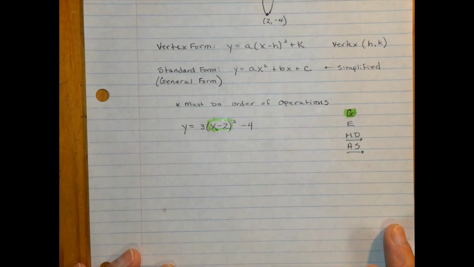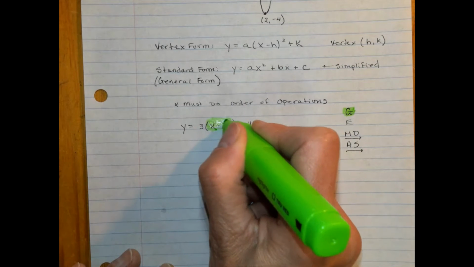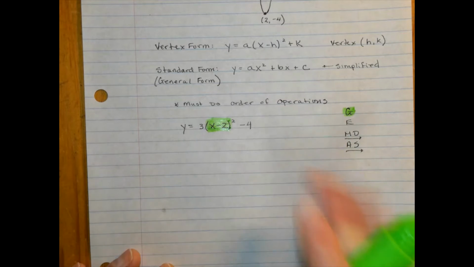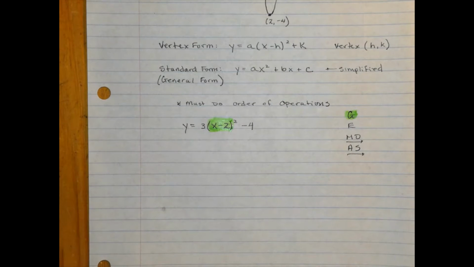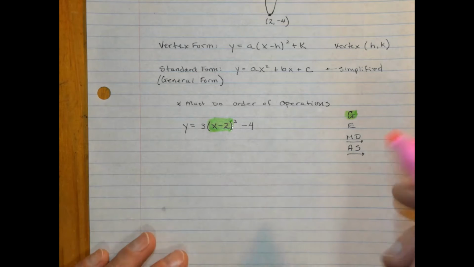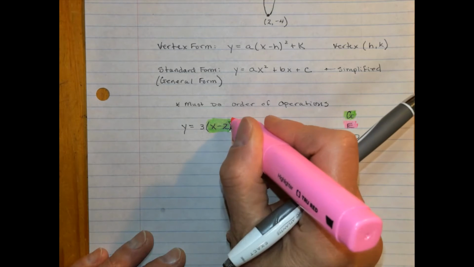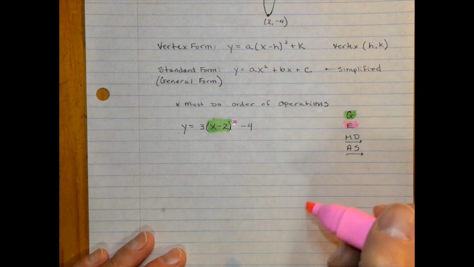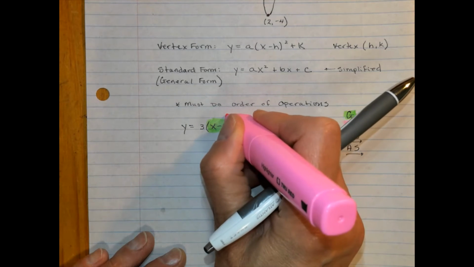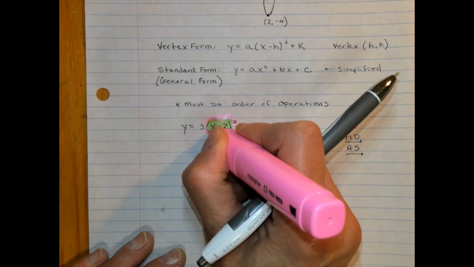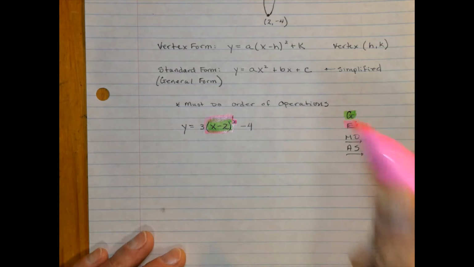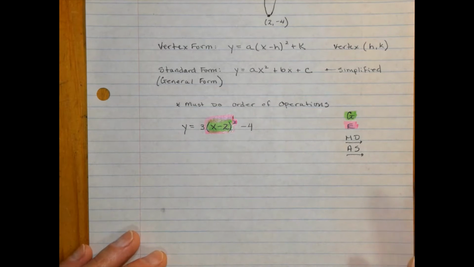So I look inside my group, and there's nothing that I can do inside that group. So that means I just have to leave it like that. Which means that the next thing that I have to look at is exponents. And I do have an exponent right here. And that exponent is doing something to that entire group.